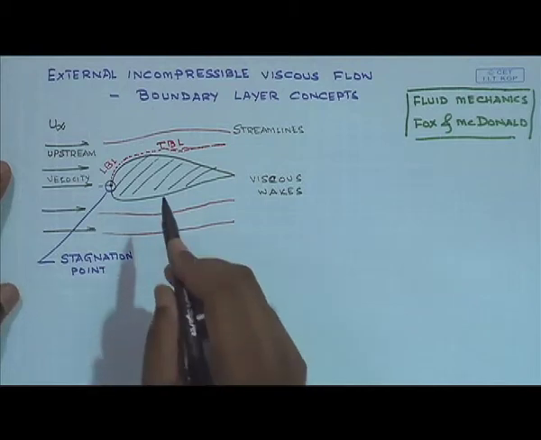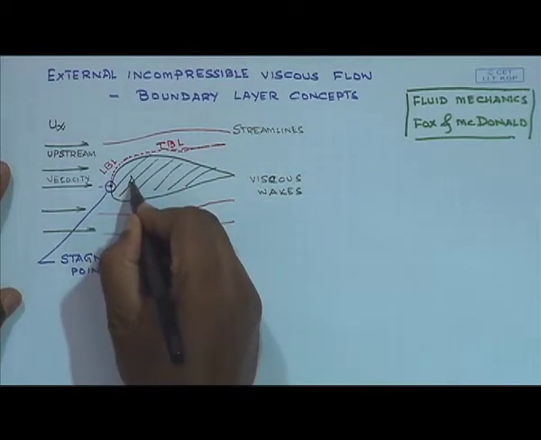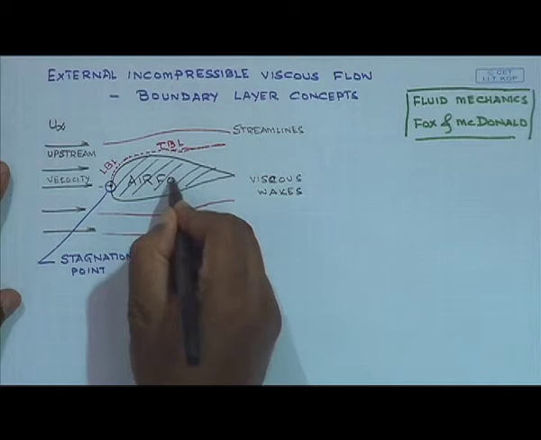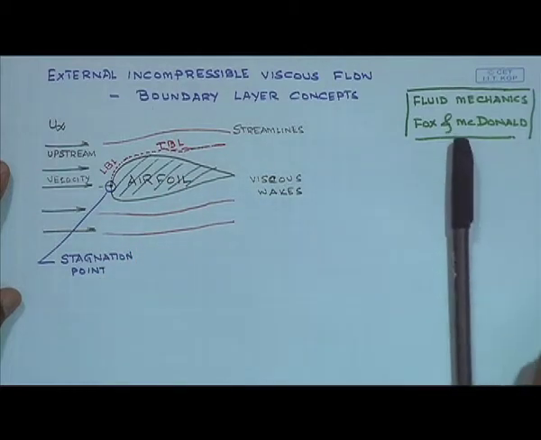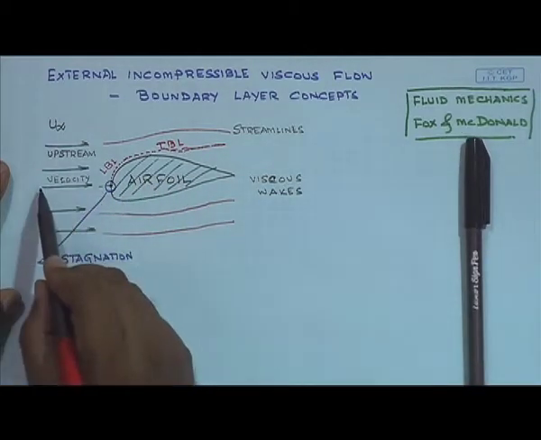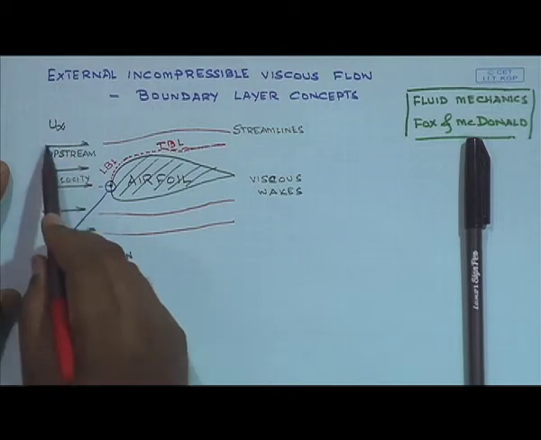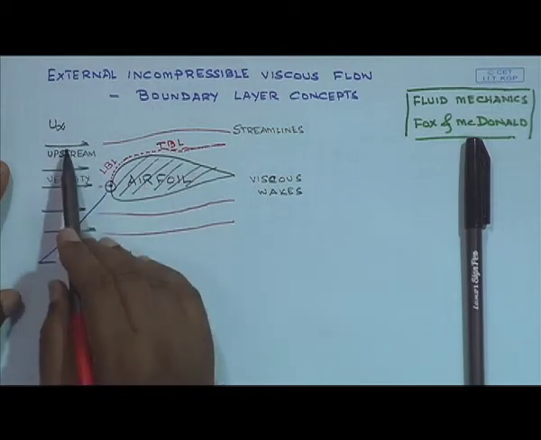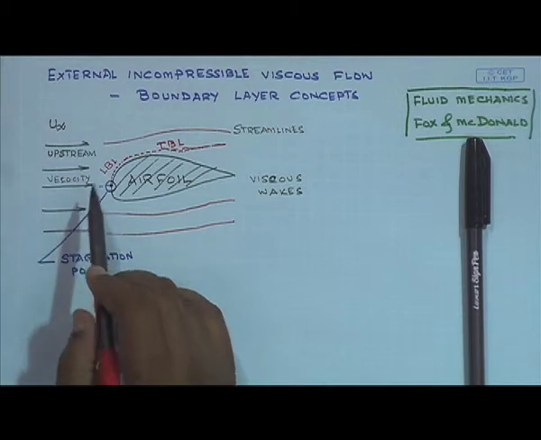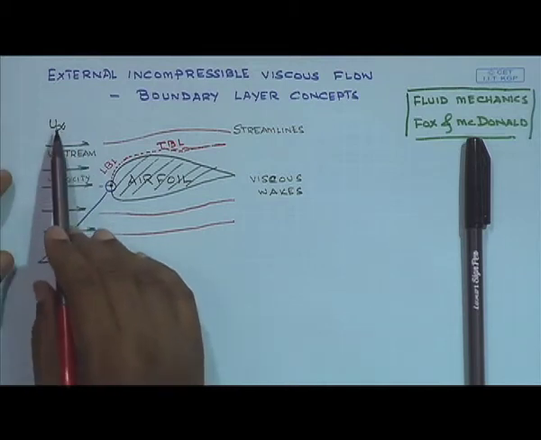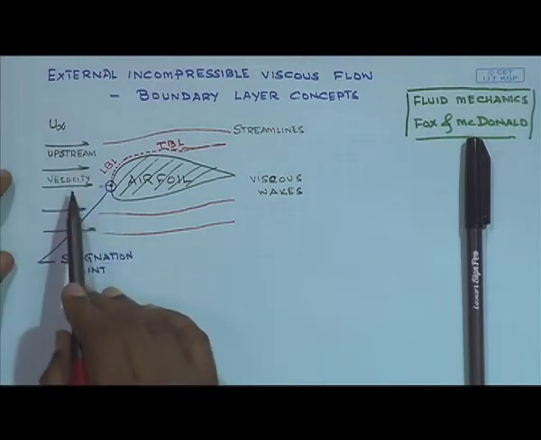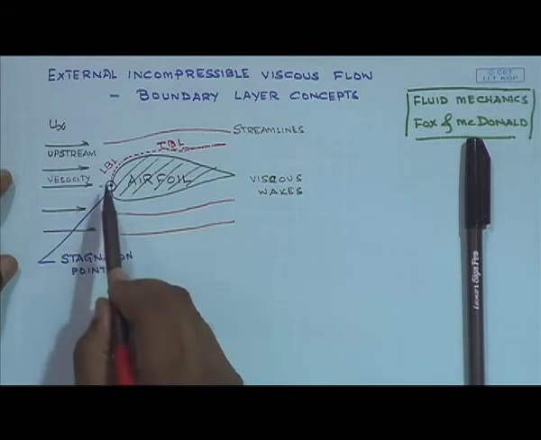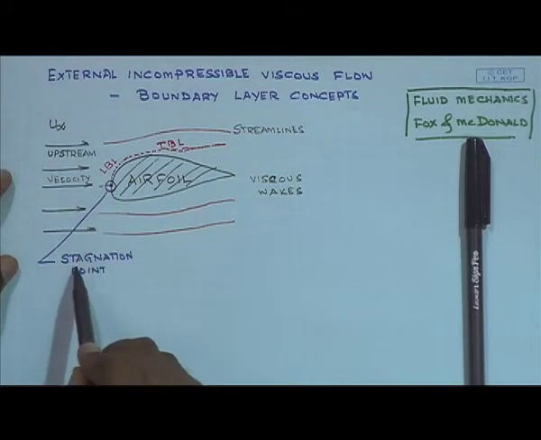What I have drawn here is an airfoil, which is moving in air, and you have the air moving. So you have the upstream velocity. You can think of this as the relative velocity u infinity with which the air approaches the airfoil. At this point is the stagnation point.